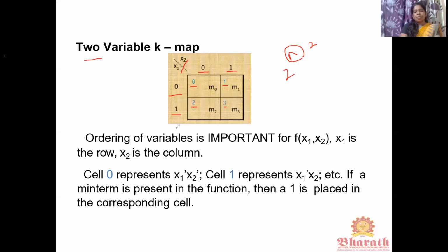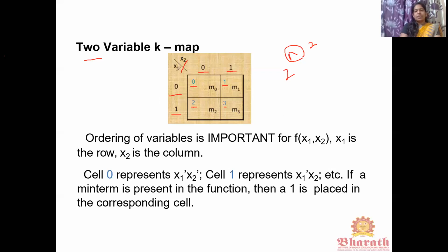So after plotting all these things, we have to move into the problem. These are the default things we have to note before going into the K-map. So the ordering of variables is important for f of x1, x2. x1 is the row, x2 is the column.